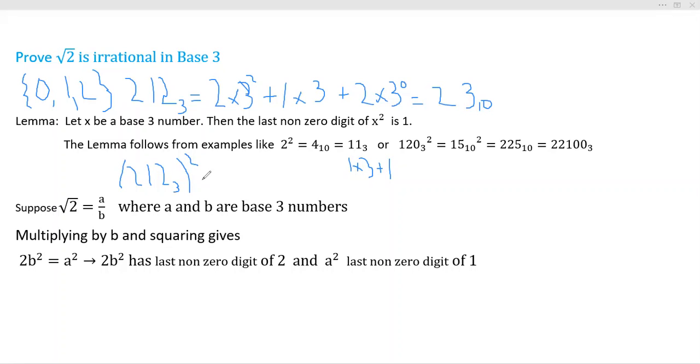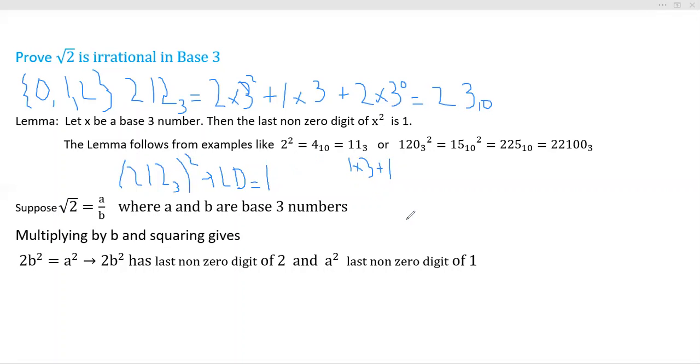So this would have a last digit, I'll just put LD, last digit. The last digit LD equals 1. Again, not a formal proof, but hopefully convincing.